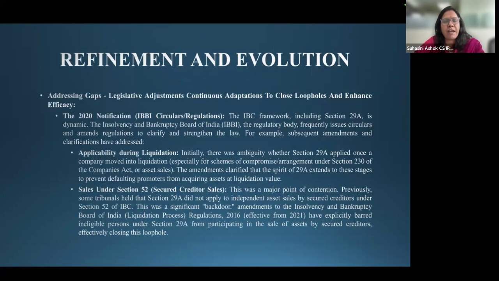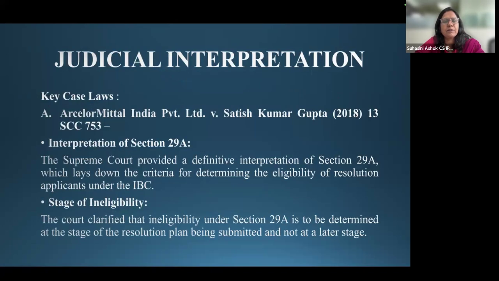But again, it is on a factual basis. So when we come to the critical cases under section 29A, we have to discuss Swiss Ribbons, ArcelorMittal and the recent Bhushan Steel case. And also one or two cases we'll discuss in detail.